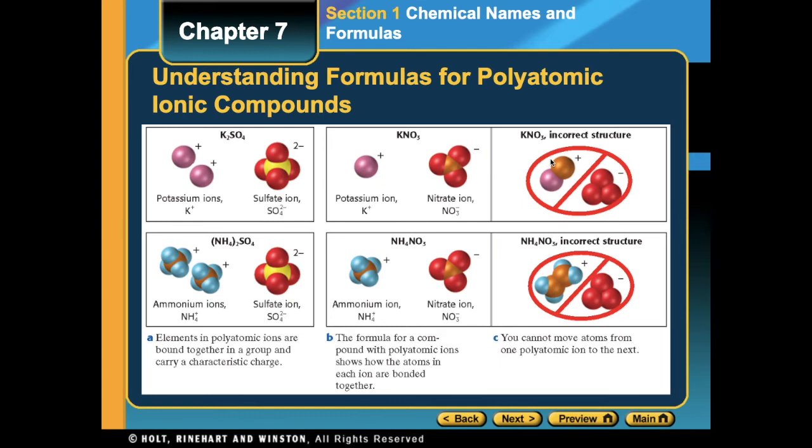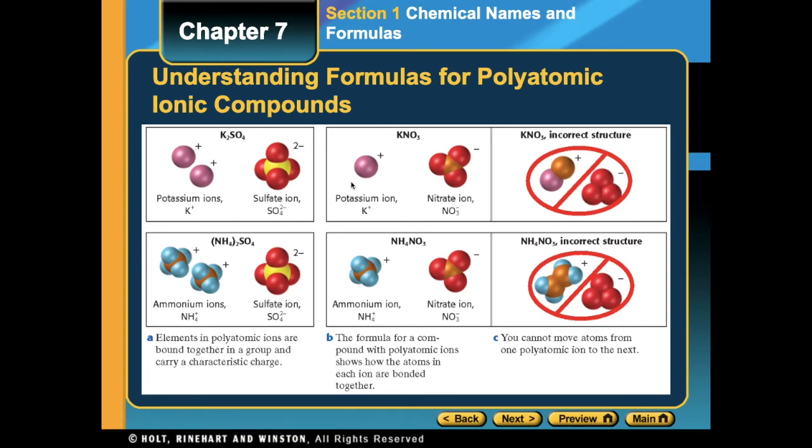So now what you need to understand is when these ions come together, say the potassium and the sulfate, nothing about their structure is going to change, okay? So the potassium is going to stay looking like this, and the sulfate is going to stay looking like this. But at no point is there going to be an exchange of atoms between the polyatomic ion and the actual other ion, right?